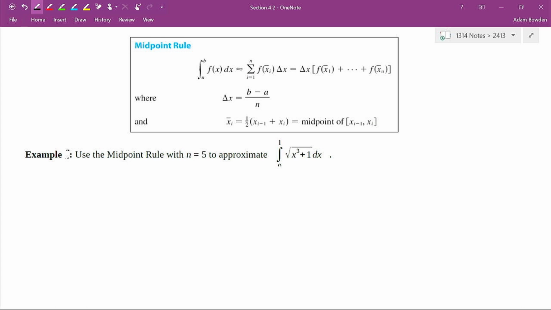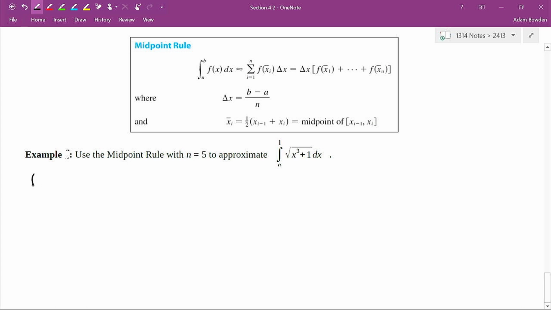And then it also shows the expansion of the summation where delta x equals (b minus a) over n, and x̄i equals 1/2 (x_{i-1} plus xi), and that's equal to the midpoint of the interval from x_{i-1} to xi. We're going to use this idea to approximate the integral from 0 to 1 of the square root of x cubed plus 1 dx.